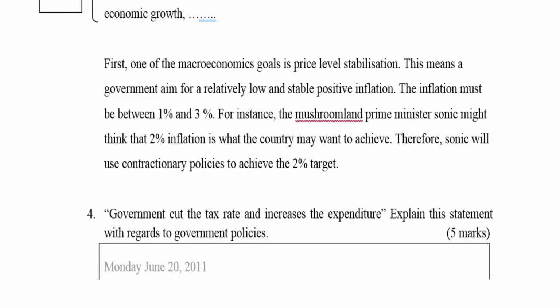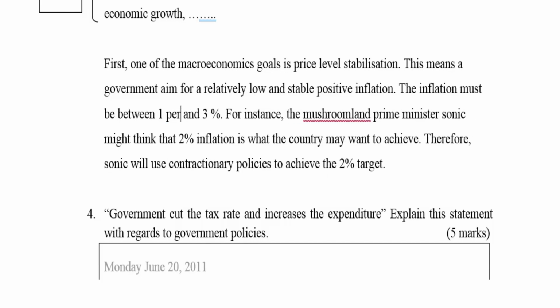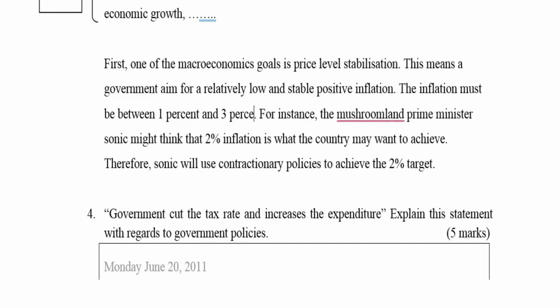So what did I do wrongly here? In a formal essay, we should not write symbols or short forms. So I have to change this to percent, as in full words. Same for short forms, you cannot write can't. In a formal essay you must write cannot.